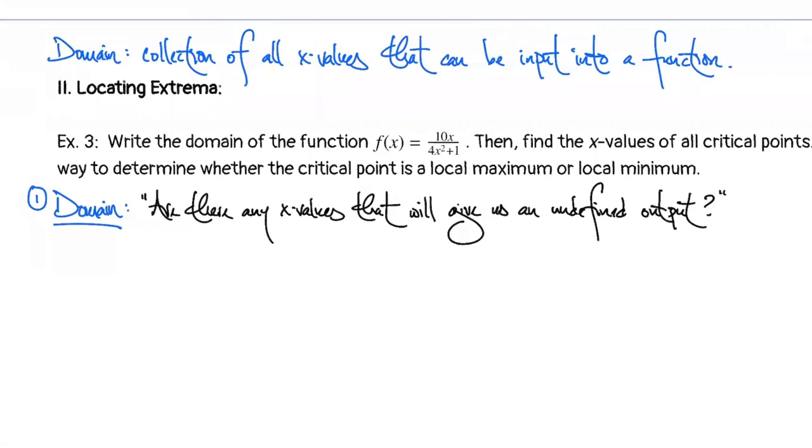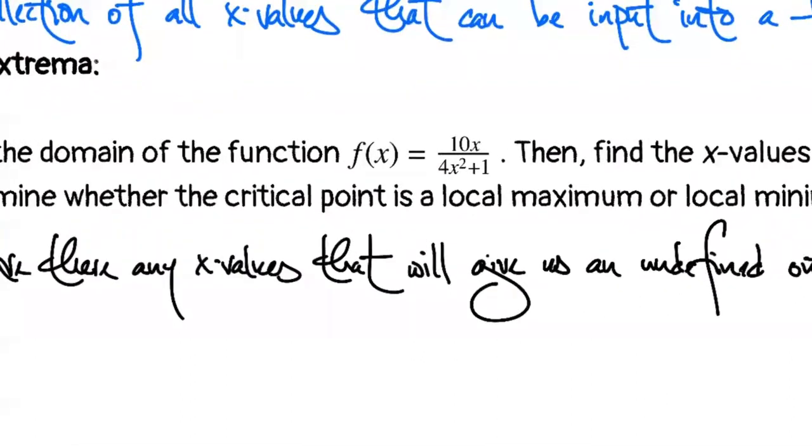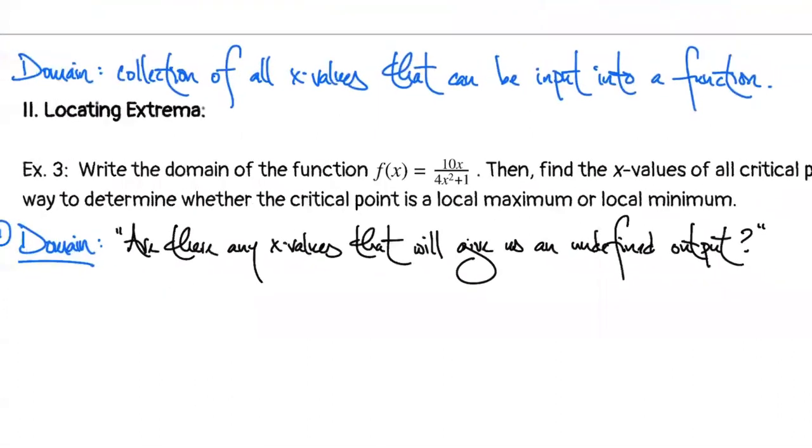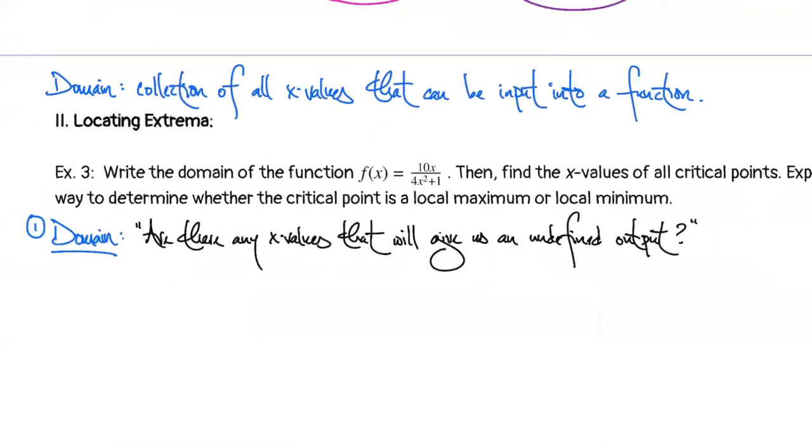One of the things that we should look for, which Matt has already brought up, is that we have a fraction. We see this fraction in our function, 10x divided by 4x squared plus 1. Now, when we see a fraction, there is one way that we can get undefined out.